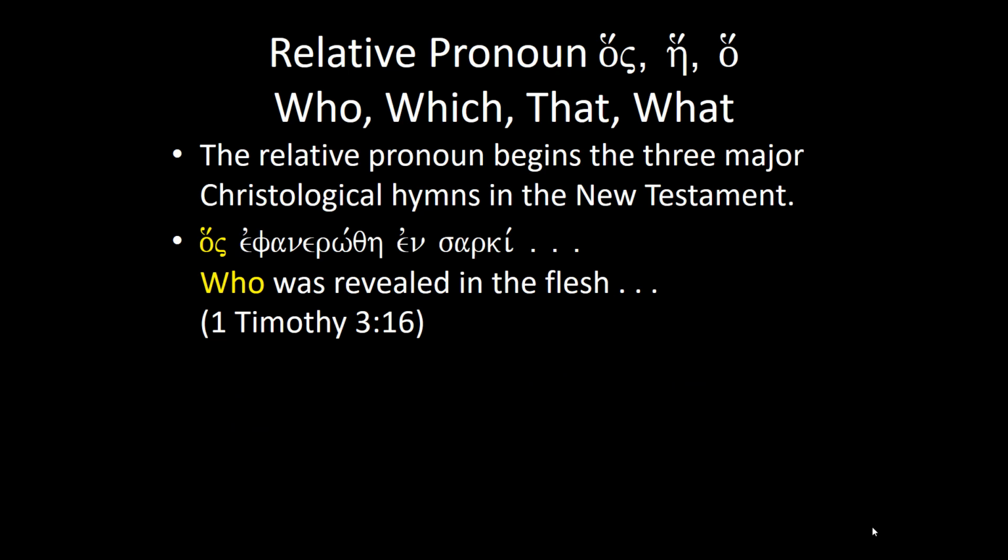Same thing in 1 Timothy 3:16. Hos ephanerōthē en sarki. This is a highly structured passage. You have aorist passive verbs, and then you have prepositions, en plus dative. This is an interesting one just to look at for structure and parallelism. So that's the relative pronoun hos, hē, or ho.